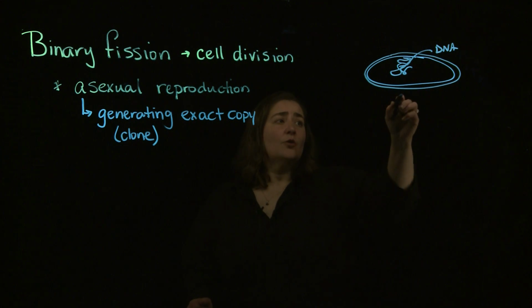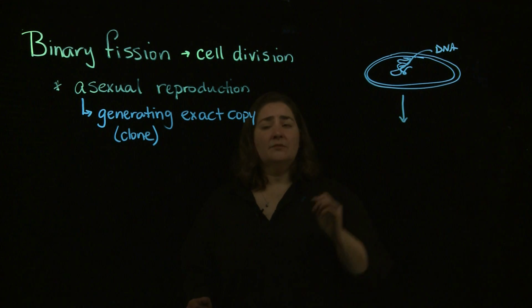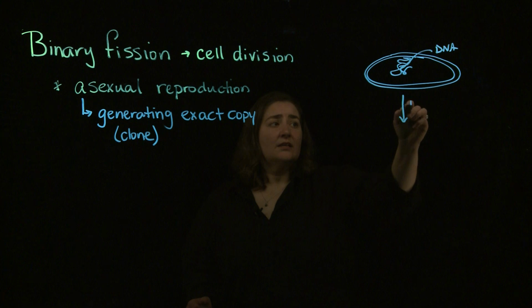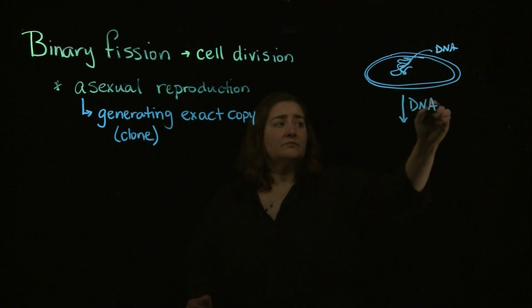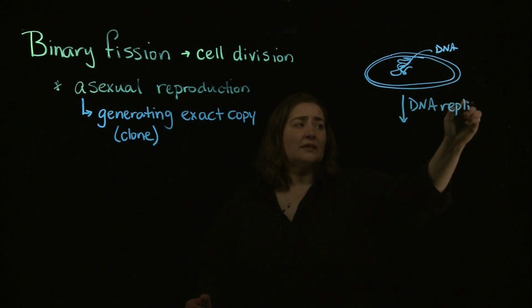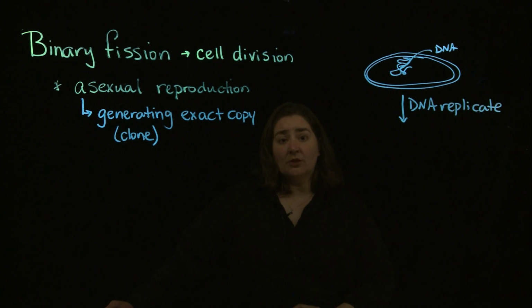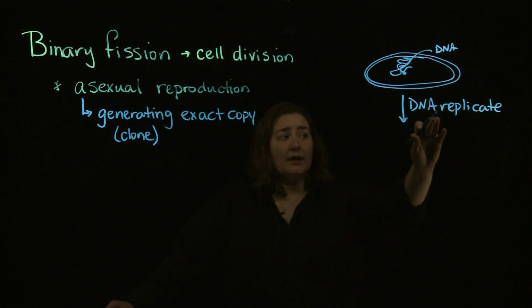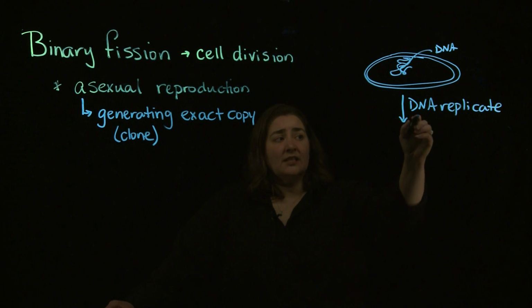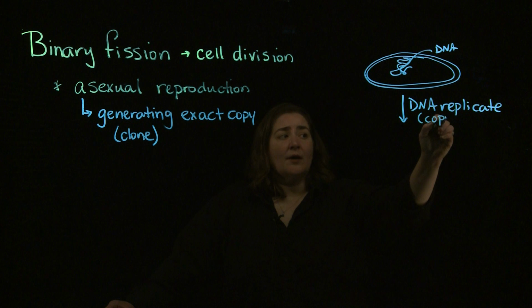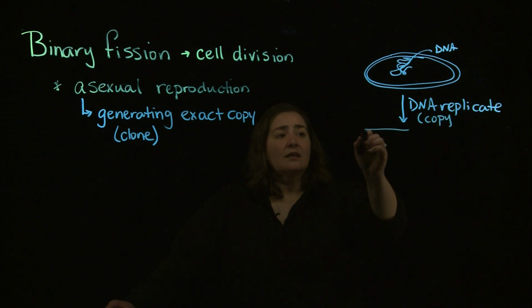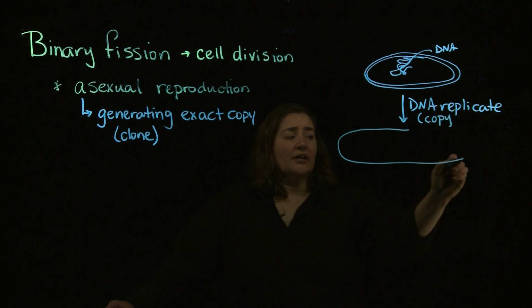What ends up happening in binary fission, the DNA is going to replicate. When we get to the unit on microbial genetics, that's where we're going to discuss the nitty-gritty details of DNA replication. Right now, I want you to just know the DNA replicates, so you end up with a copy. The cell will also elongate.